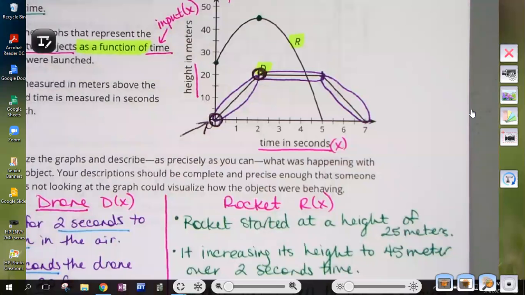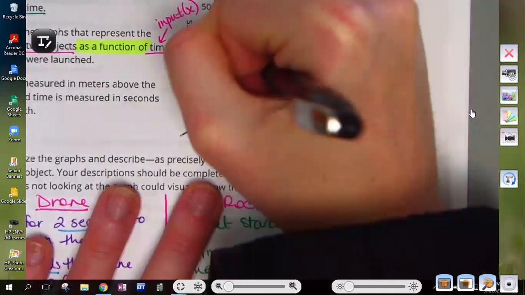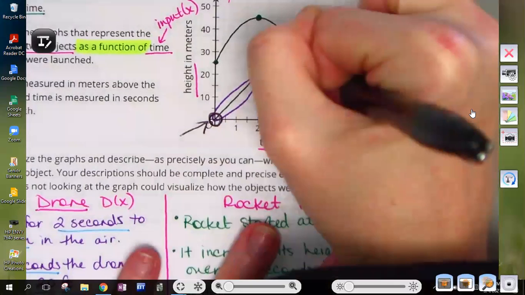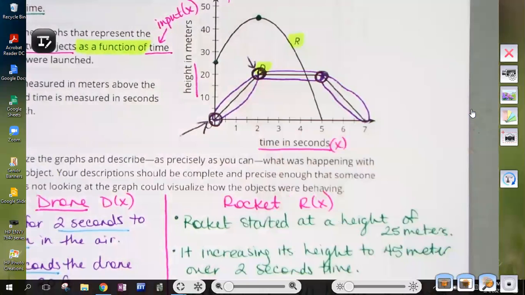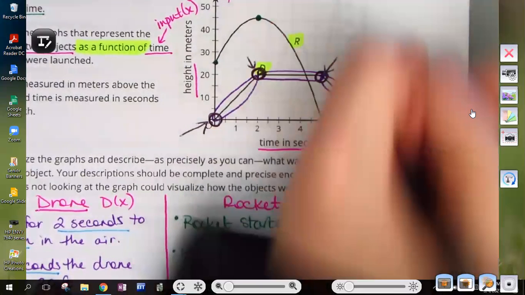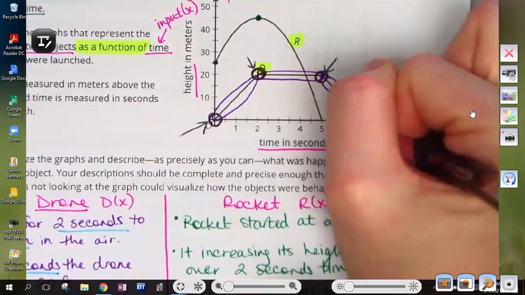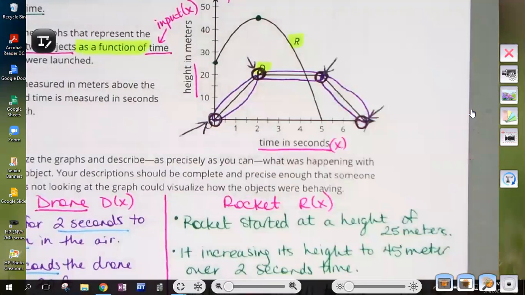All right, so there's another important feature, and we're going to talk about what these names are as we go on. Okay, and then we get to this point right here after 5 seconds. What's the drone going to start doing then? It's going to start coming back down. All right, and then what do we know about this final feature of that drone graph? It's back on the ground.